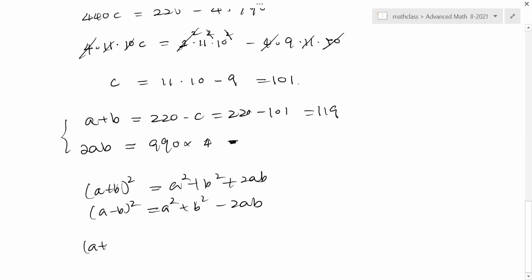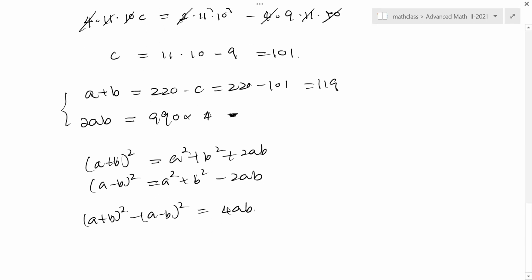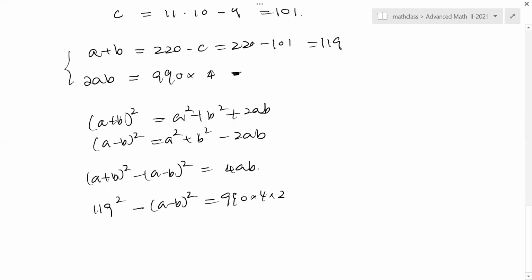So I get A plus B squared minus A minus B squared equals 4AB. So now from here, A plus B is 119 squared. And this is A minus B squared, and then 4AB, okay? Another 2 here, so 990 times 4 times 2. Okay, so finally, yeah, it's pretty complicated.